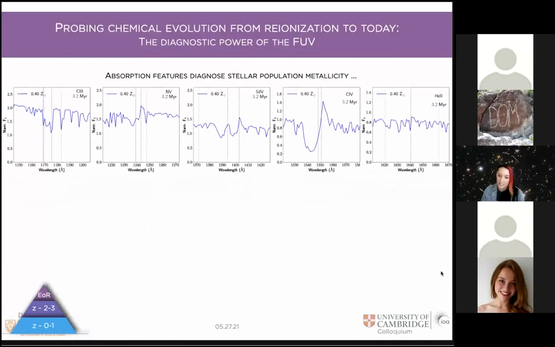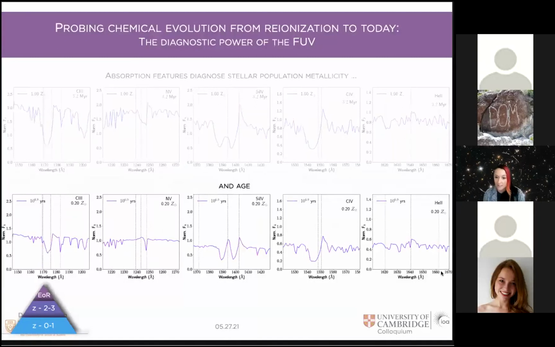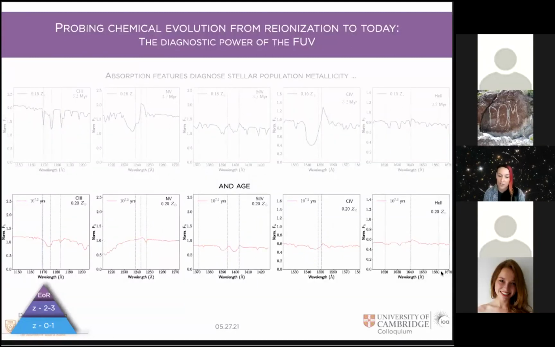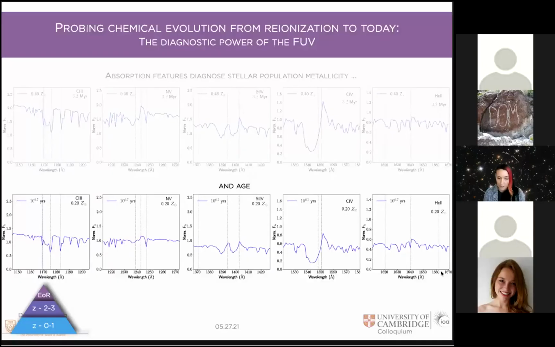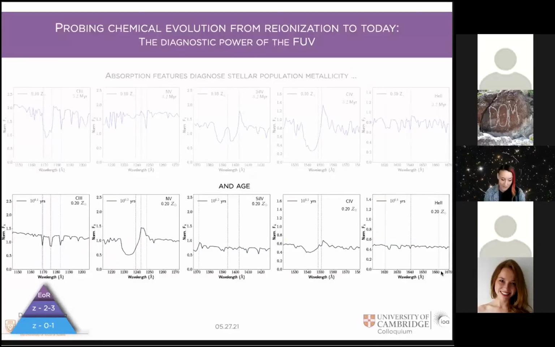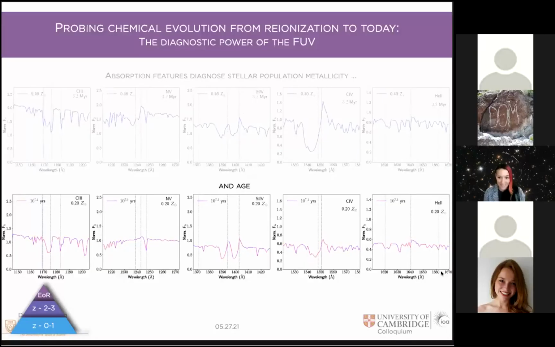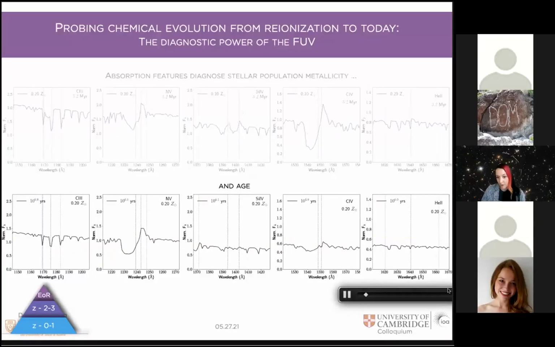Some of these are also sensitive to age, but some of them are only sensitive to one or the other. So now if we keep the metallicity constant around 20% solar and change the age from 1 to 10 million years, you can really see how these things change and are really sensitive. So again, within that same range, we can characterize the emission lines, the absorbing gas, and the young ionizing stellar population that's driving them. And that's really powerful.